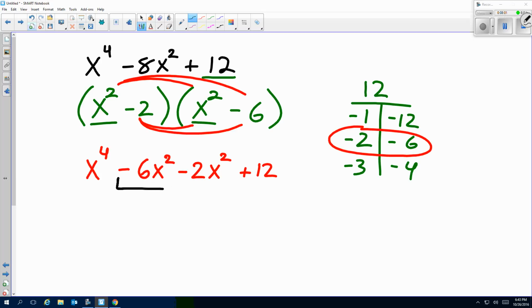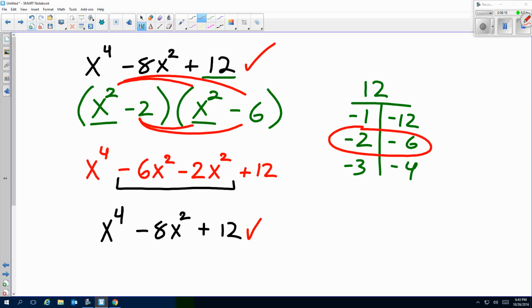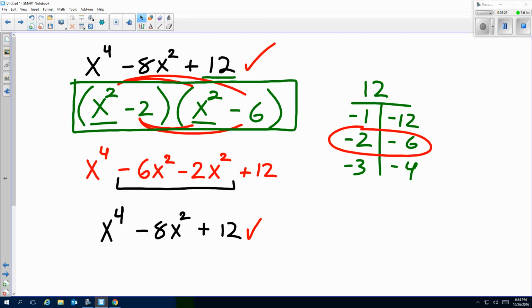Aren't these just like terms? Absolutely they are. Negative 6 and negative 2 gives me negative 8x squared plus 12. Do we agree that this happens to check out? Of course we do. So our factorization of this much more complicated looking trinomial factors into these two perfect binomials.